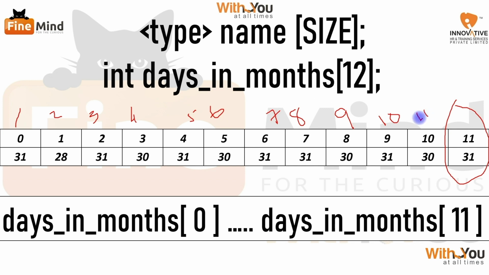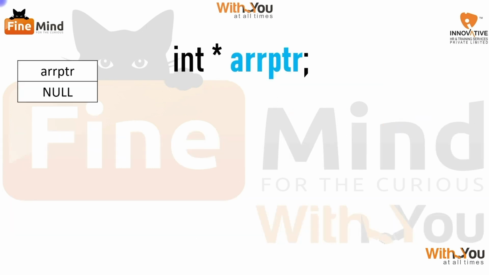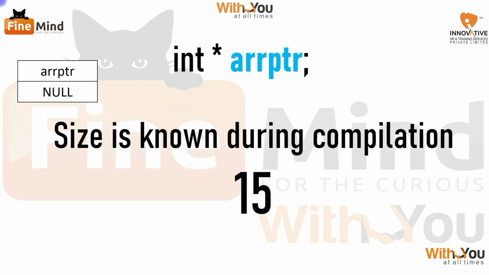So when you move 11, you will reach that particular place. Cool? Perfect? Good. So what if it is going to be unknown? This is how it is going to be. There is one additional identifier, arr ptr, which starts with null.